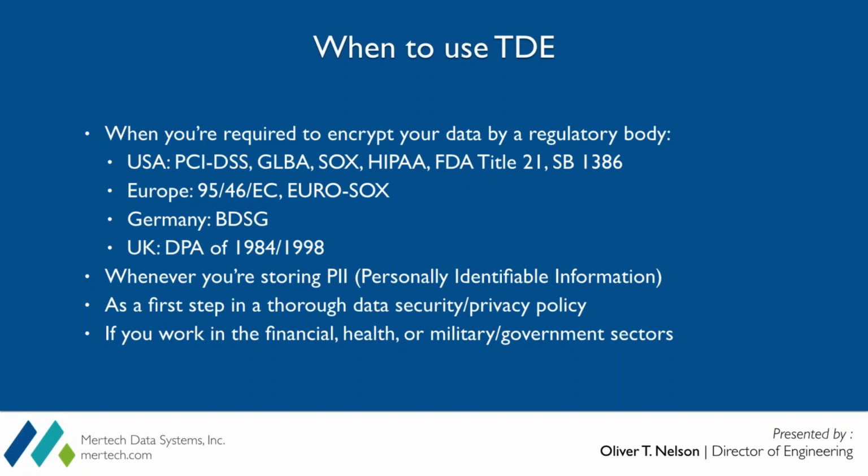In Europe they have EuroSOX, they have the BDSG in Germany. There's just a wide variety for them, and some of these go back a long way, so many of you may be dealing with some of these things already. For instance, in the UK, the DPA was originally a regulatory compliance standard that was issued in 1984, so as long as we've been doing this stuff, there's been some security requirements around.